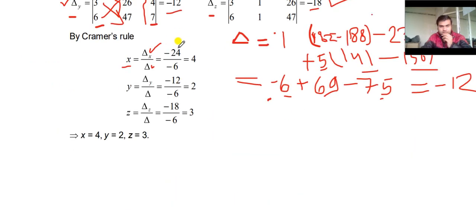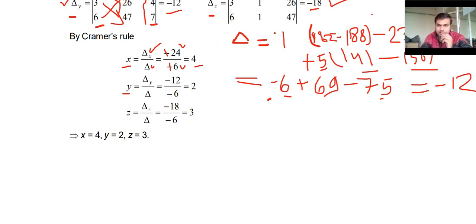So here we write minus 24 upon minus 6. So minus minus is cancelled. 24 divided by 6, that is 4.